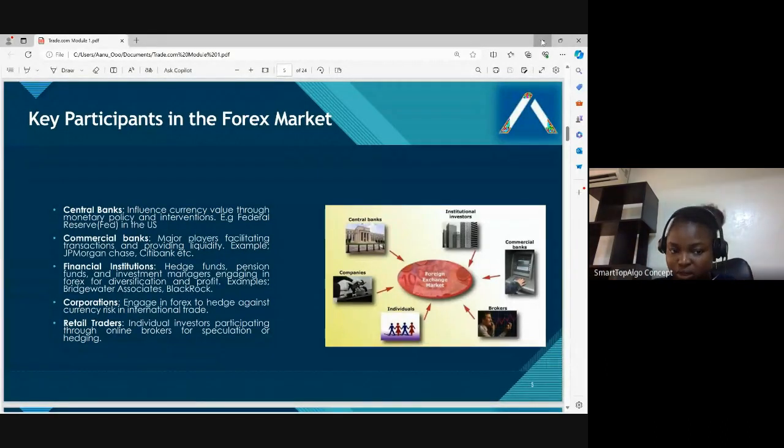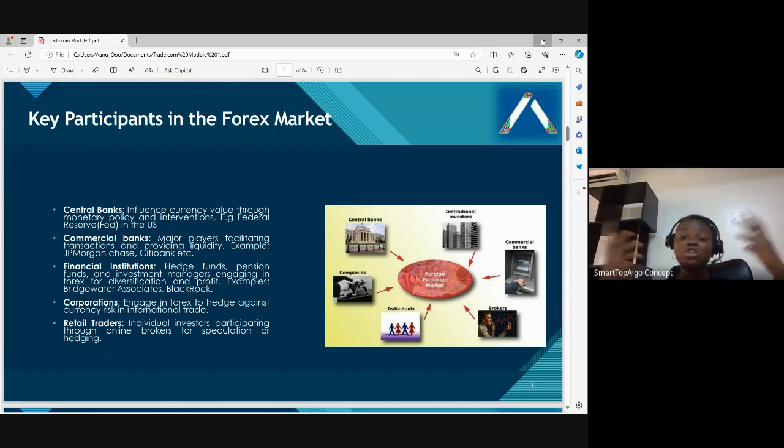As a result, we have the commercial banks, the big players, to provide liquidity, to provide money. Why? Because banks have access to a pool of funds. Different people go to the bank and put their money. With this pool of funds, they make the funds available to us. So basically, the commercial banks are there to provide liquidity.